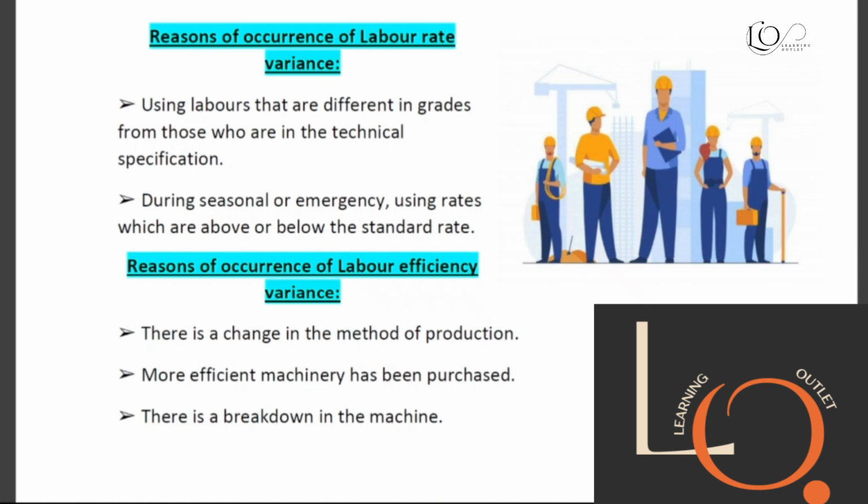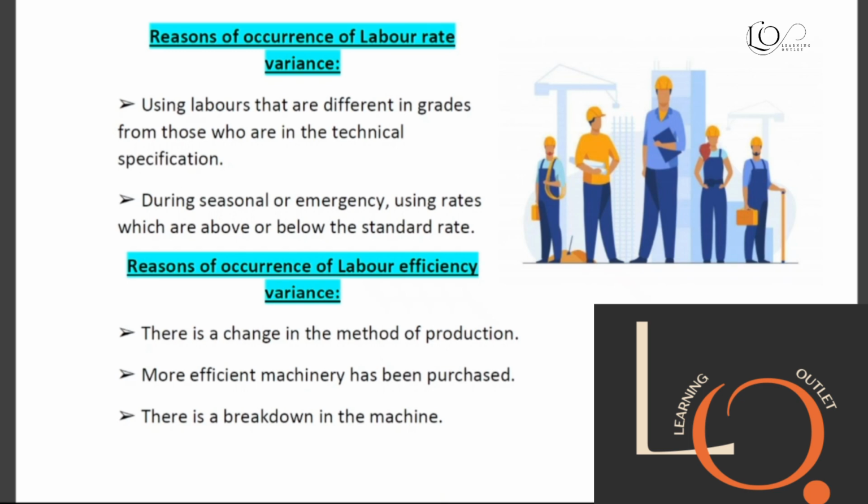Then there is labor efficiency variance as well, which means earlier your laborers, or people that work in your factory, were taking 10 hours to make a certain amount of goods. Now a new machine was introduced, so it takes 5 hours. Your efficiency became better. It became a favorable situation for you.